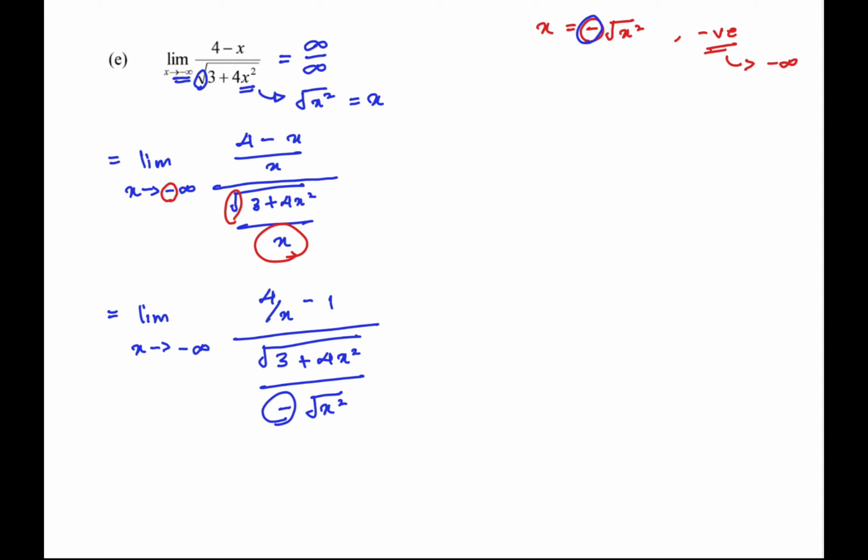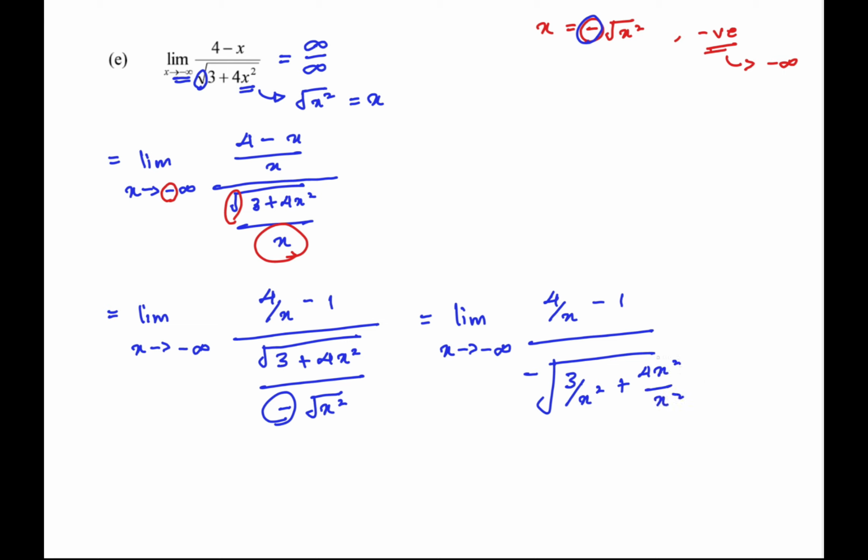Okay, so we can solve this one. We can get the limit as x approaches negative infinity of (4 over x minus 1) divided by negative the square root of 3 over x squared plus 4x squared over x squared.